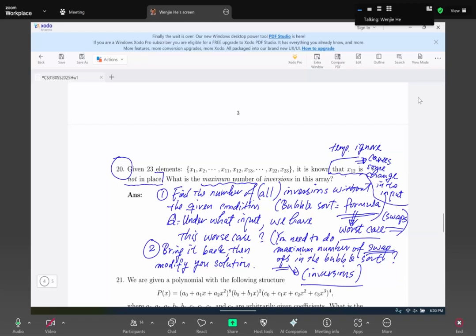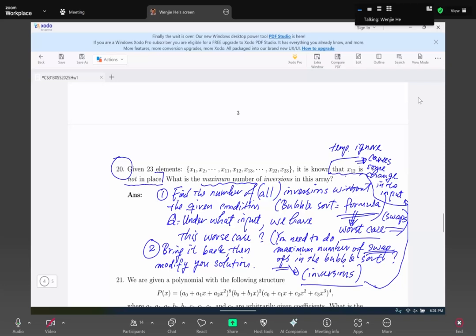Yeah. So when you bring it back, the input we're talking about here, what's that input? This input that we get here does not satisfy the given condition. In order to satisfy the given condition, we need to make some change. Okay?